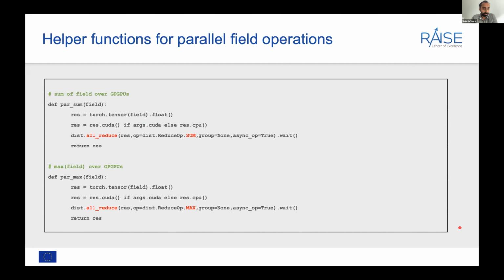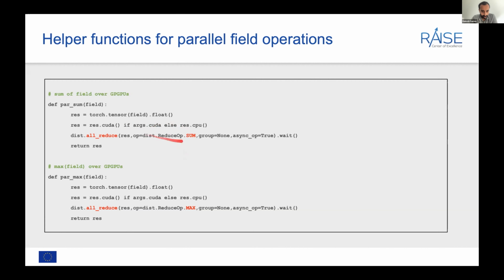Then looking at a few other functions, which also Marcel was talking about, basically this all reduce function, which is required to reduce, for example, synchronize the gradients across different processes or workers. And in this function, you can specify what kind of operation you want to do.